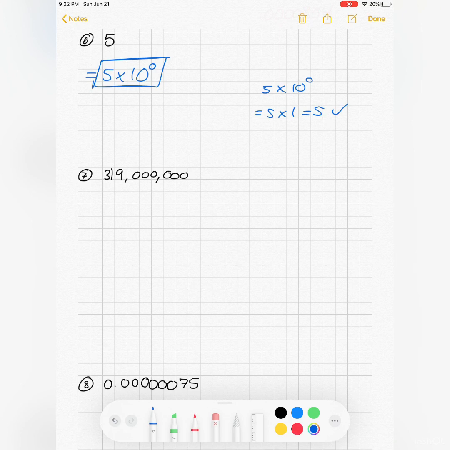Oh, here's another big one. 3.19 times 10 to the, let's see, decimals here, 1, 2, 3, 4, 5, 6, 7, 8.